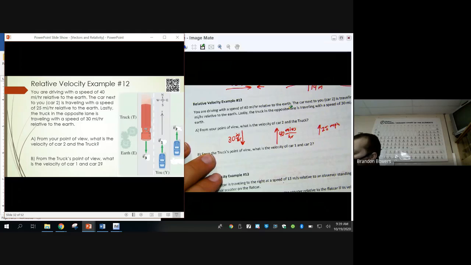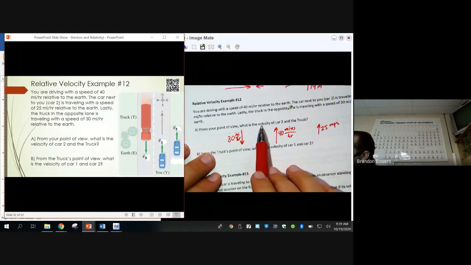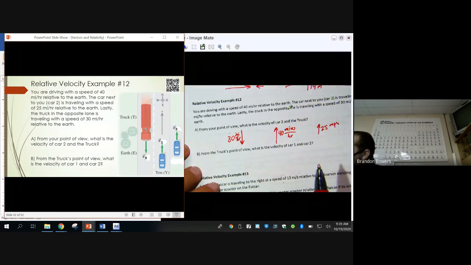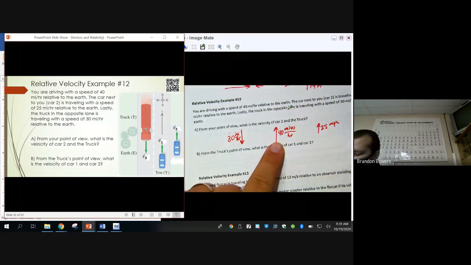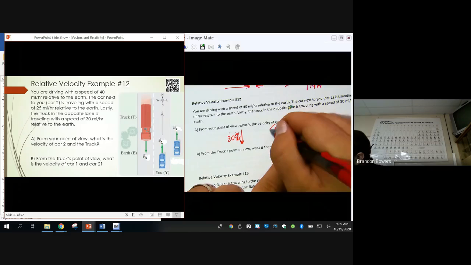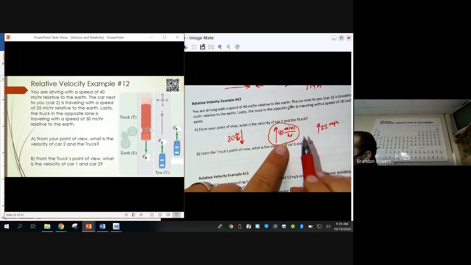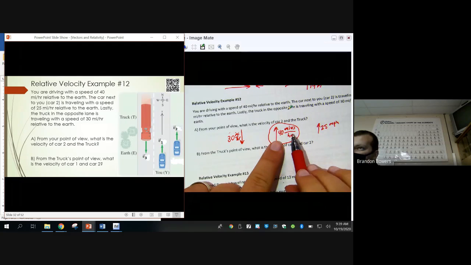From my point of view, what is the velocity of car 2 and the truck? I'm going 40 miles per hour this way. According to my speed, car 2 is actually going backwards.